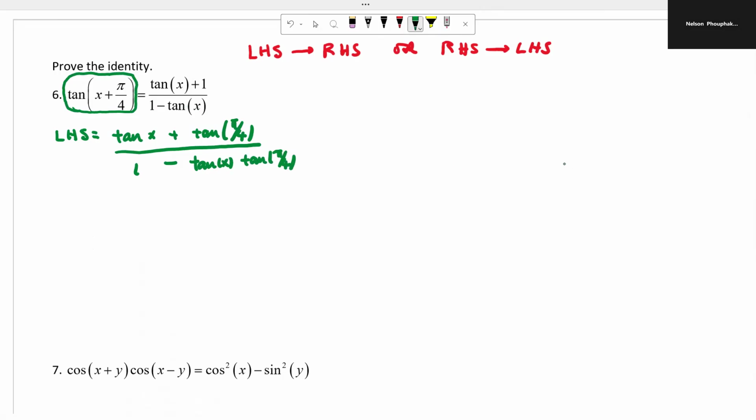Okay. Then 1 plus tangent x divided by 1 minus tangent of x. Okay, that's it.